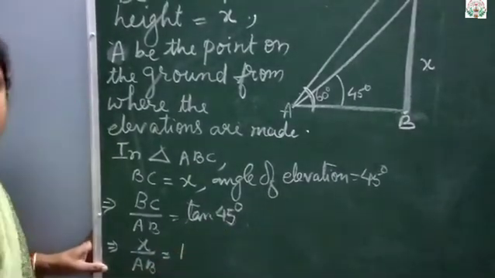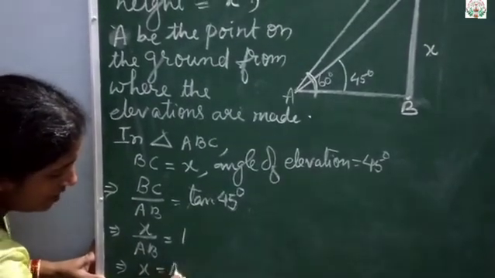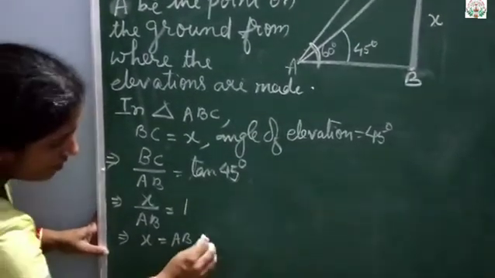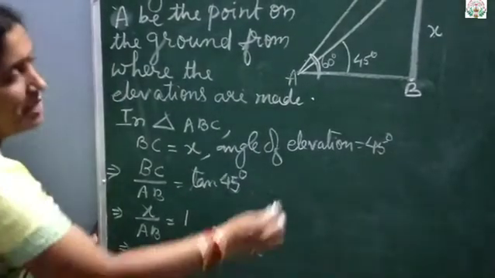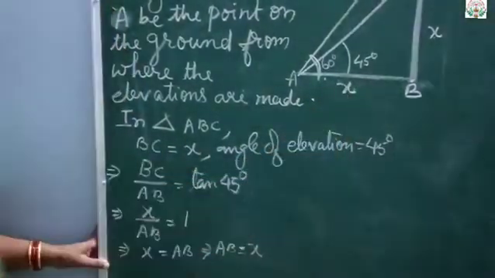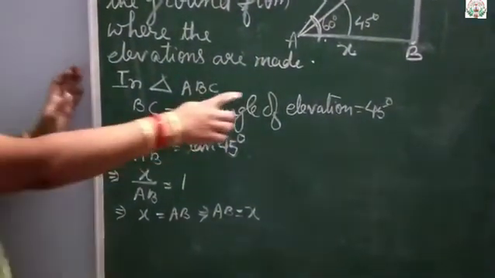Tan 45 is 1. Implies x equals to AB, or AB equals to x. That means this AB is also x. Now AB is the base we got.